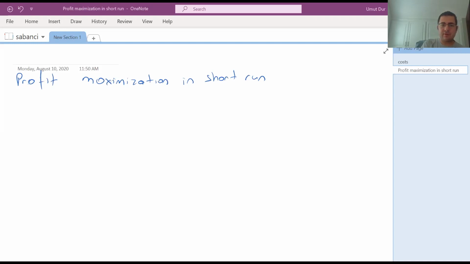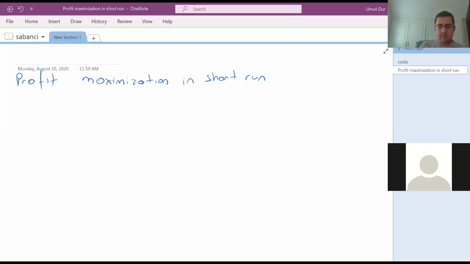yazdığımı görebiliyor musunuz arkadaşlar? Birazcık lojistik sorun oluyor da. Evet, görüyoruz hocam. Profit maximization in short run. Görmüyorsunuz.